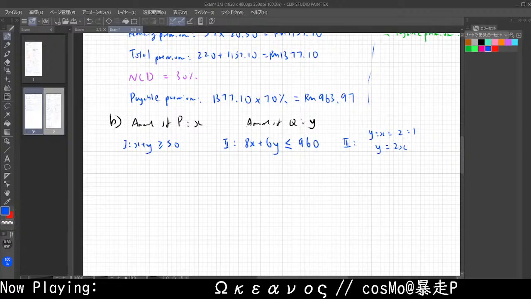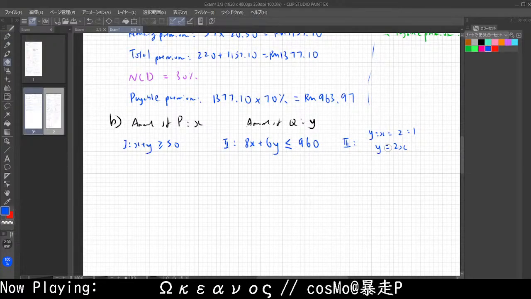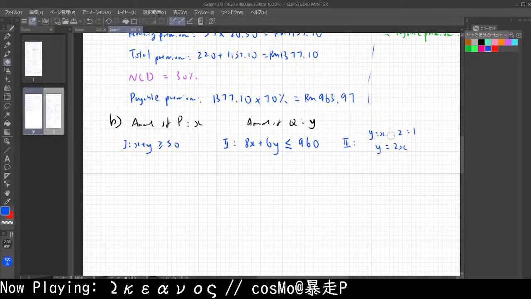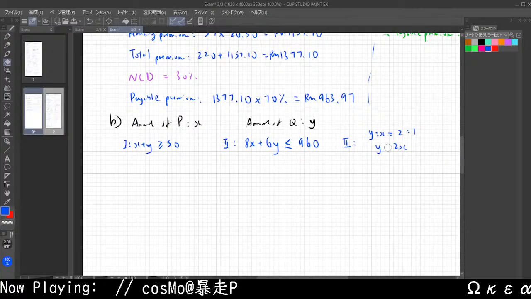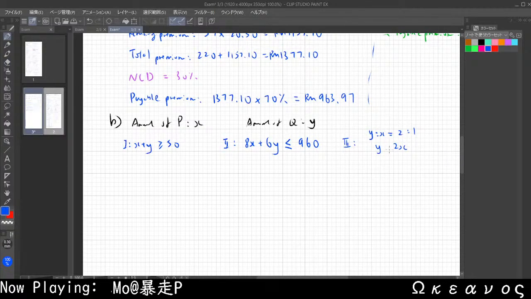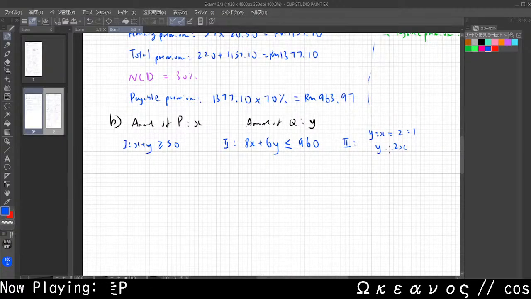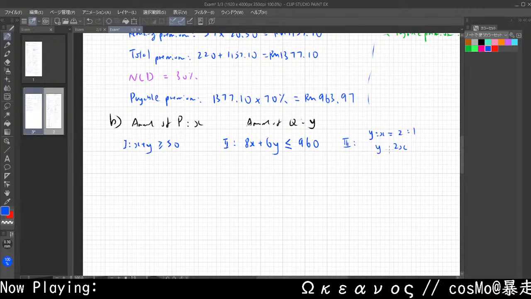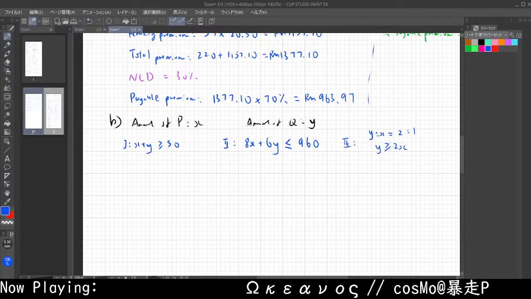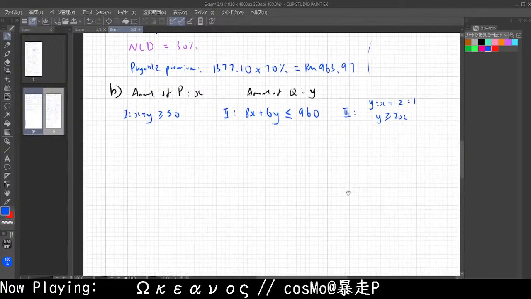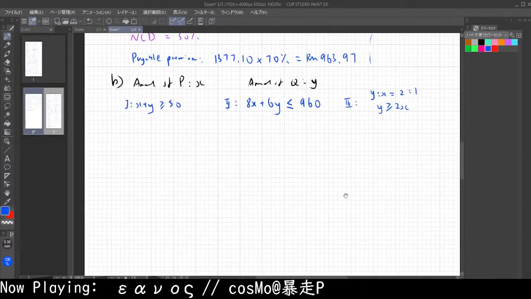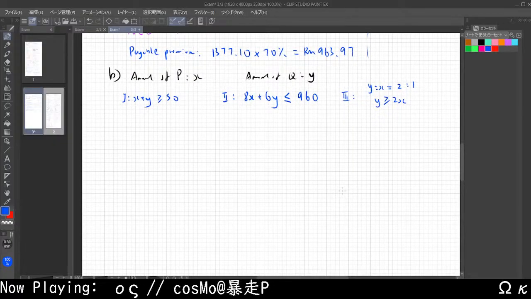At most 2 to 1 means your Y cannot exceed 2X, so you get a less than or equal to sign over here. Okay, so after writing out 3 inequalities, you want to construct the graph.